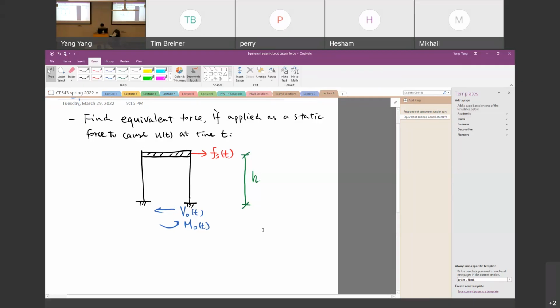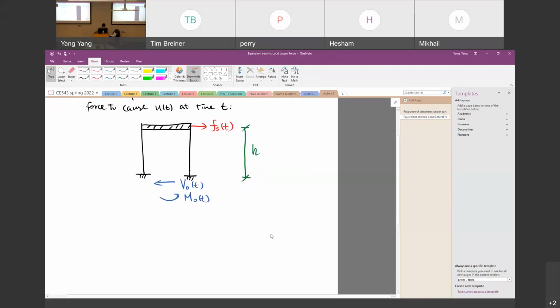So what is the equivalent lateral force actually? It should be equal to the spring constant times the relative displacement.